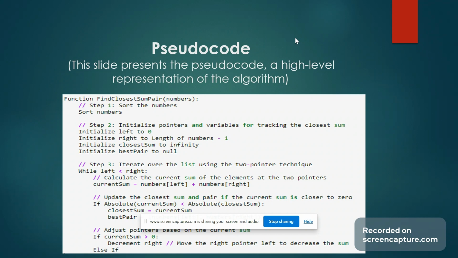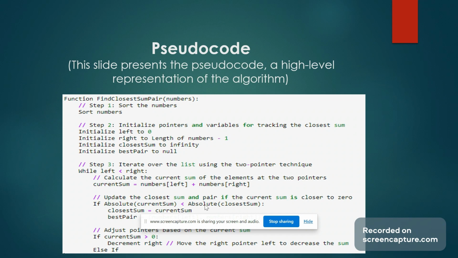So if the current sum is closest to zero, then we can update the closest sum and the best pair. Current sum is closest, we can update the closest sum and the best pair.